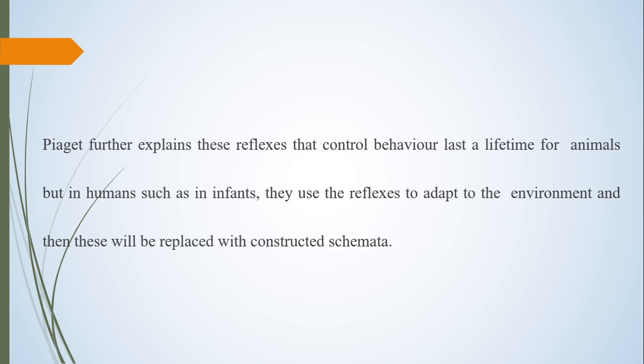Piaget further explained that reflexes control behavior for a lifetime for animals, but in humans such as infants, they use reflexes to adapt to the environment, and then these will be replaced with constructed schemata.